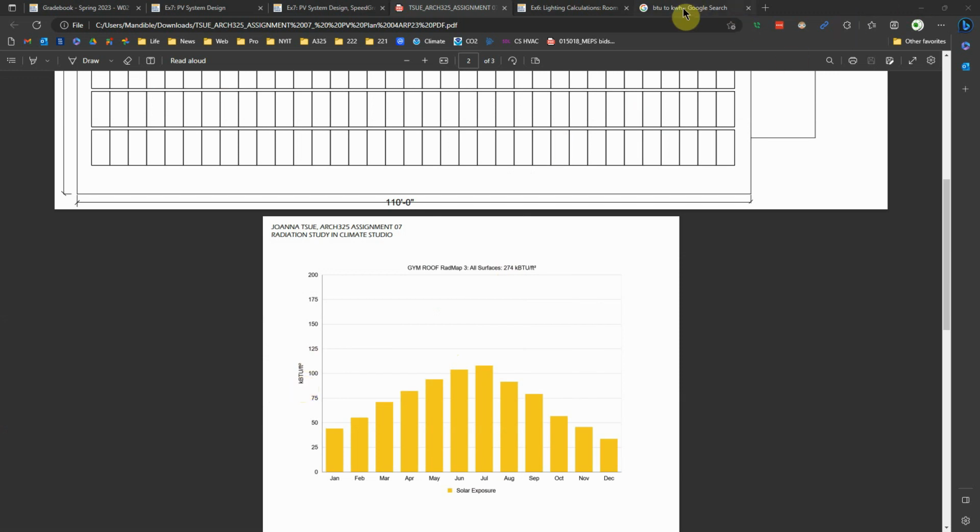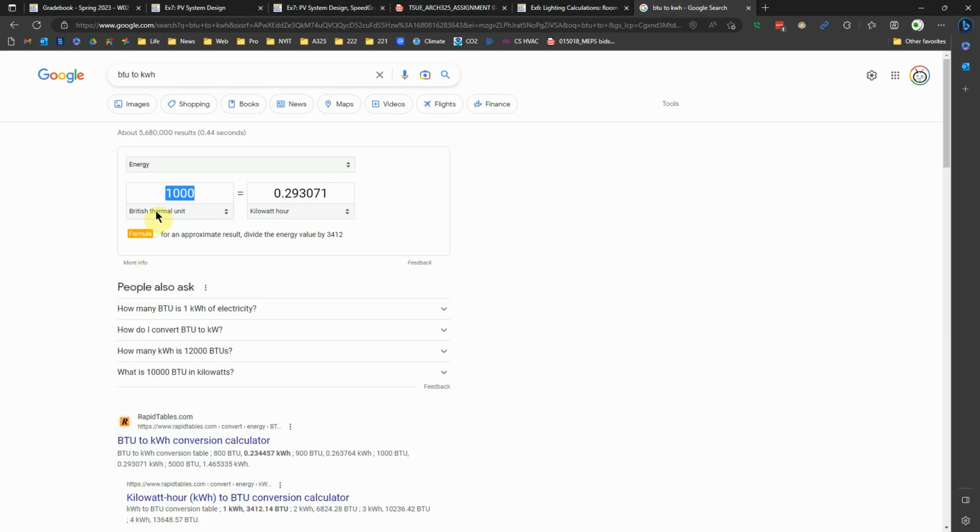To do that, if you just type in BTU to kilowatt hours in Google Chrome, you'll get this little calculator, and I'm putting in 1,000. So 1,000 BTUs is going to be 0.29 kilowatt hours. So 1 kBTU is going to be 0.29 kilowatt hours.